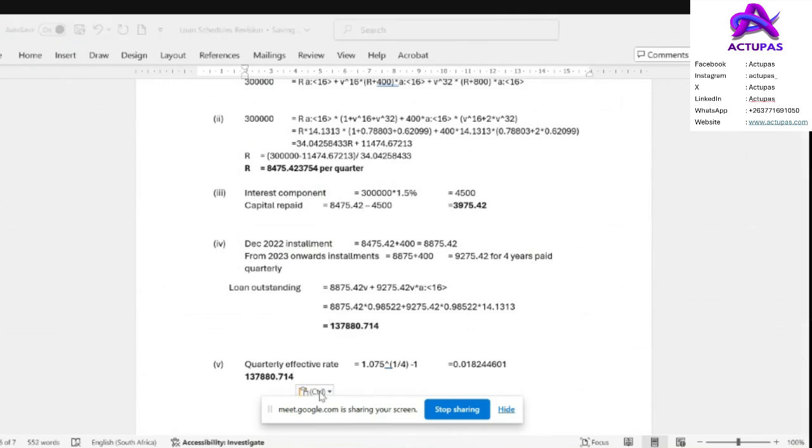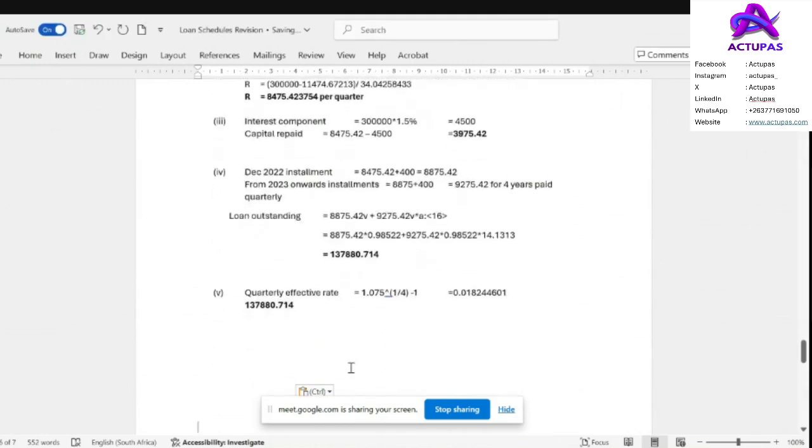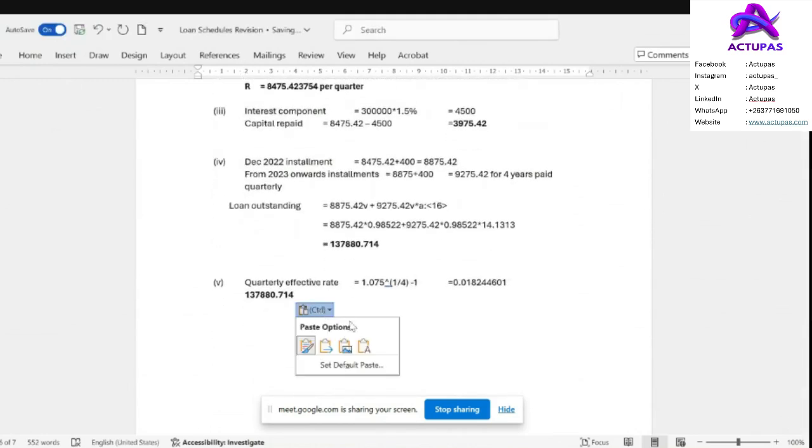And so our equation of value, we start with the loan outstanding, 137880, and equate it to the quarterly payments. Let's name the new one W. So let W denote the new quarterly installment.